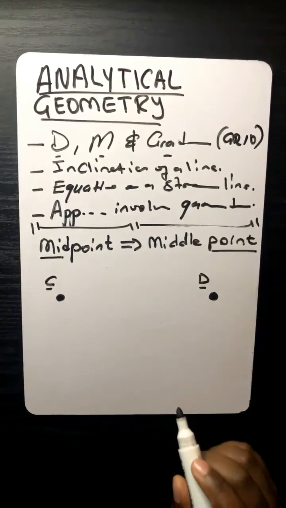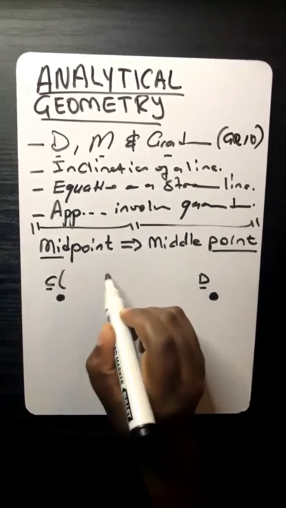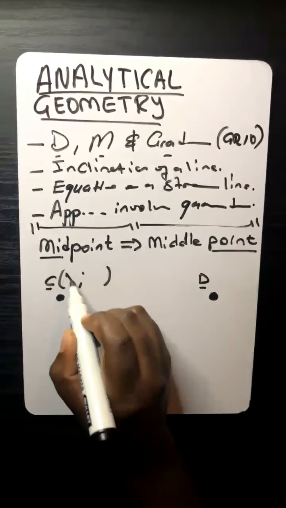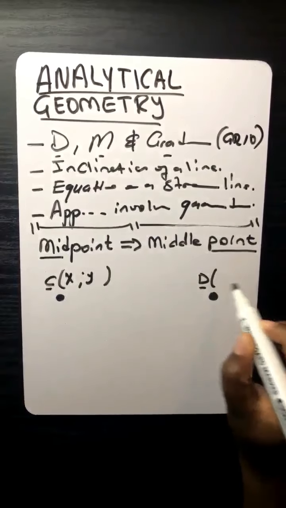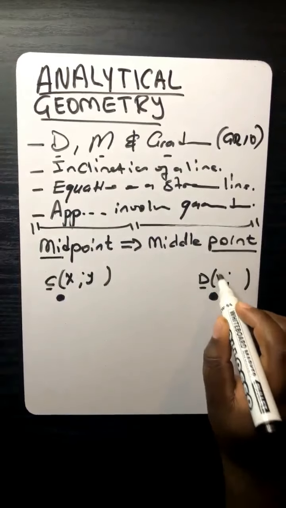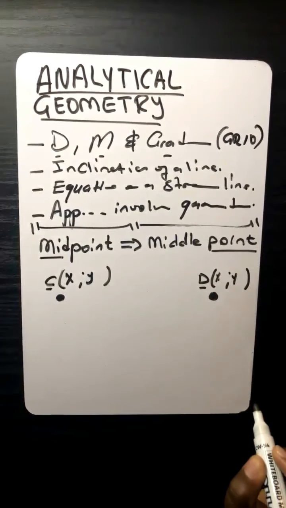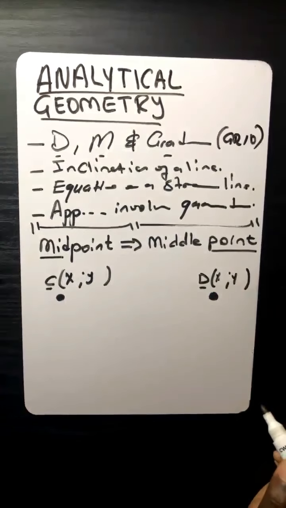But the moment they say point C has got these coordinates, then you know very well that the coordinates are represented by X and Y. Because we are talking about 2 points, you know very well that you need to assign the second point and the first point. Very, very important, ladies and gentlemen.